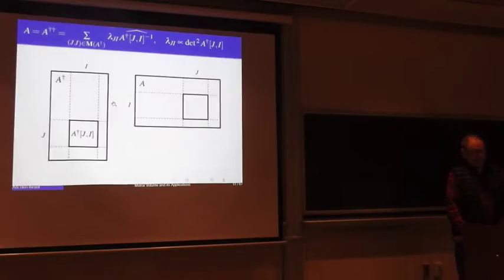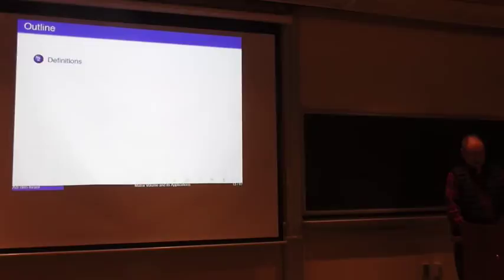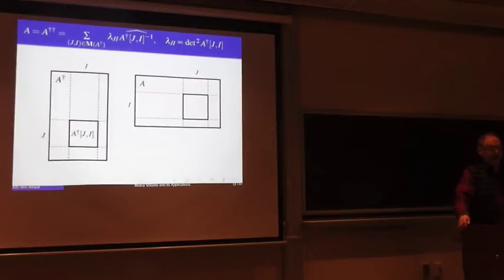Okay, now if we go back to A, the inverse of the inverse is the original matrix, so we get that A itself is a convex combination of inverses of maximal R by R matrices of the Moore-Penrose inverse.